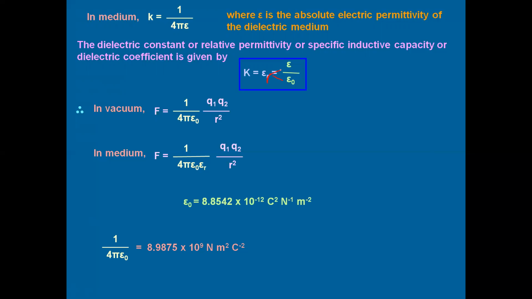But while solving the problems, this can be taken as a very close value, 9. So while solving the problems, the value of 1 by 4 pi epsilon 0 can be taken as 9 into 10 raised to 9. Its unit will be Newton meter square per Coulomb square. This is the statement and mathematical formulation of Coulomb's law.